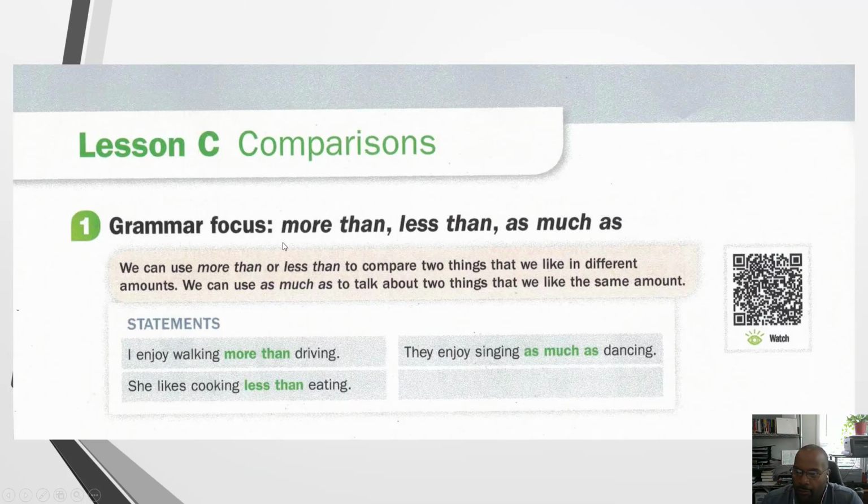So when we use comparisons, we talk about more than, or less than, and as much as, okay? We can use more than or less than to compare two things that we like in different amounts. All right, so we use more than and less than to compare two things. We can use as much as to talk about two things that we like the same amount.